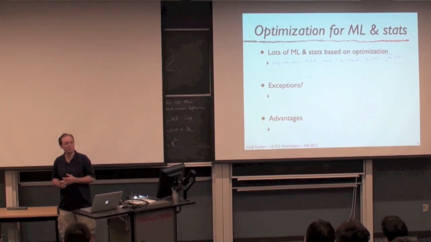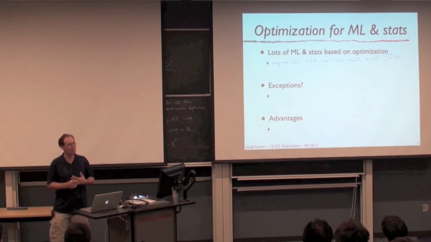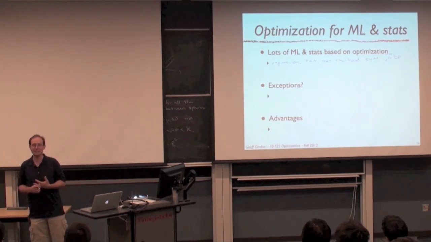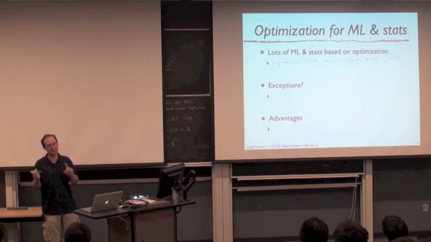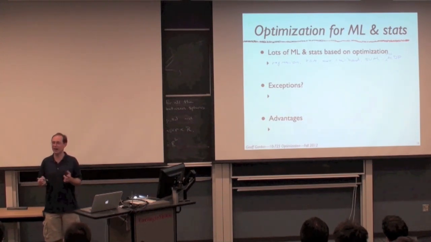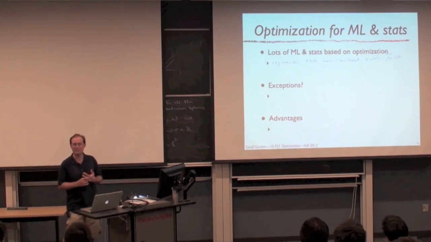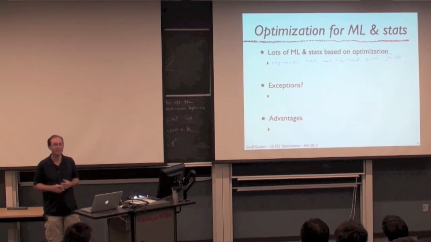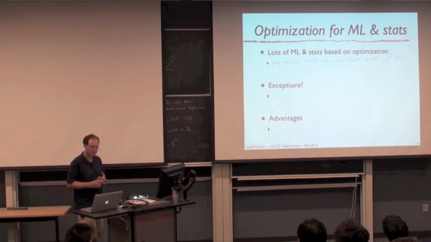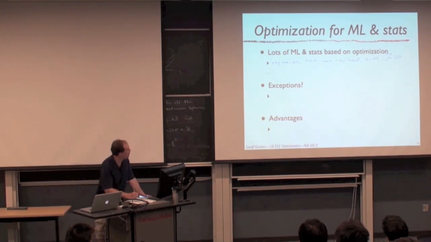How about exceptions? Can people think of some stats problems that are not phrased as optimizations? This one's kind of tricky because sometimes there's a way to take something that's not obviously an optimization and make it into one. Yeah. So we want, for example, integration over a posterior.